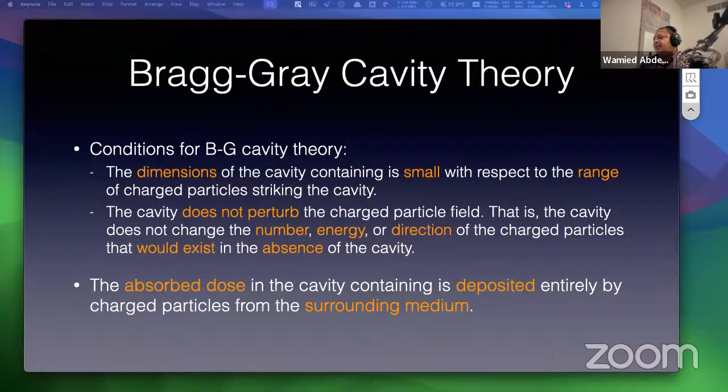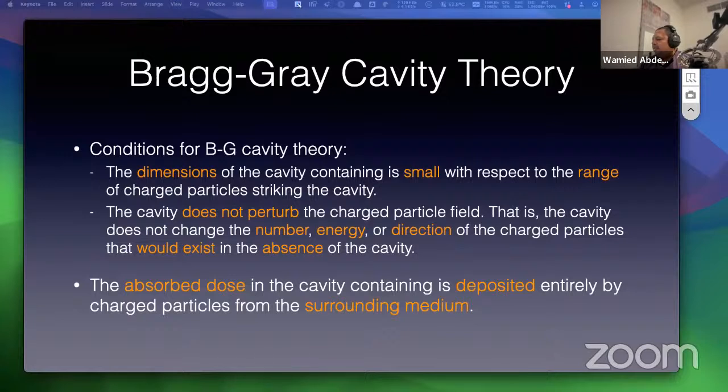The other condition is that this cavity does not perturb the charged particle field, meaning that the charged particles entering the cavity would have, for example, a certain fluence, energy, directions, and so on. When we remove the cavity, the same charged particle fluence should also be present in the medium at that point of interest.